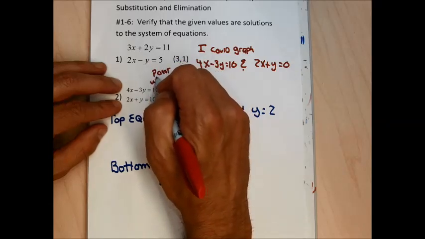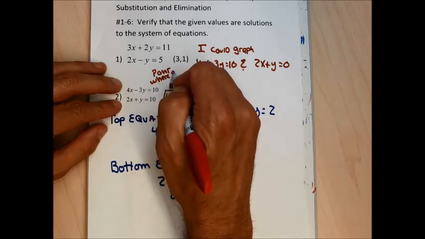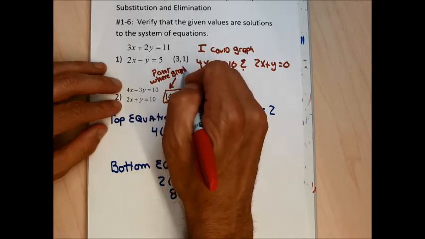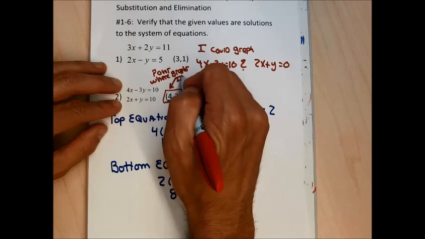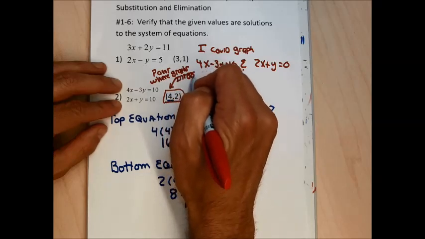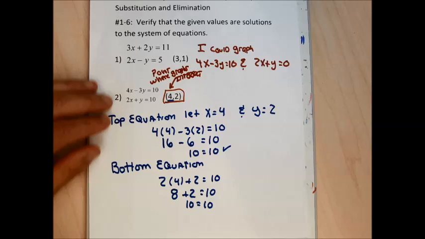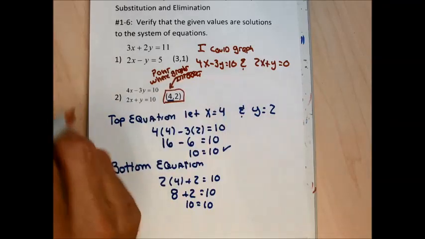This is going to take a few minutes to do. If you don't care to watch this, you can fast forward to the next group of problems. So let me graph both of these on my calculator.